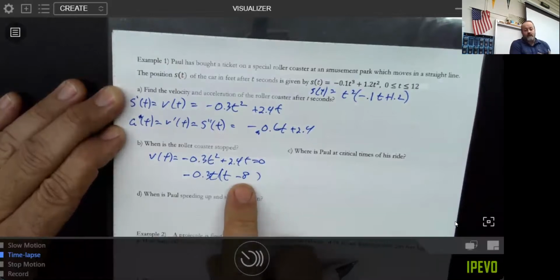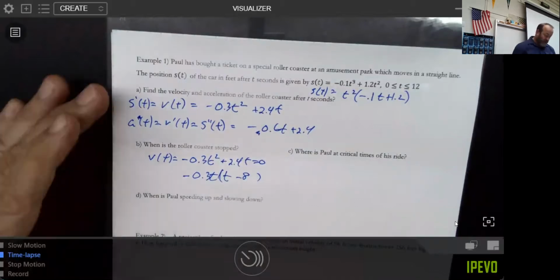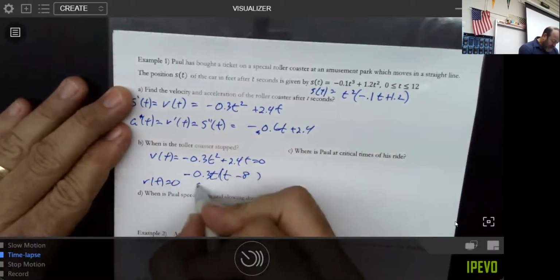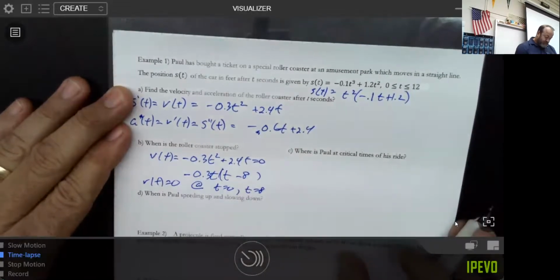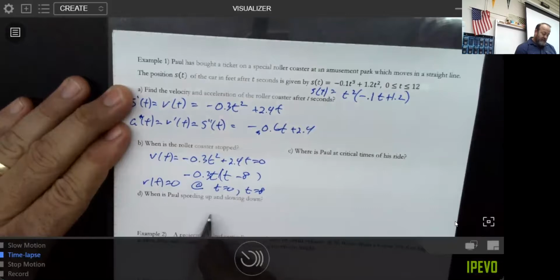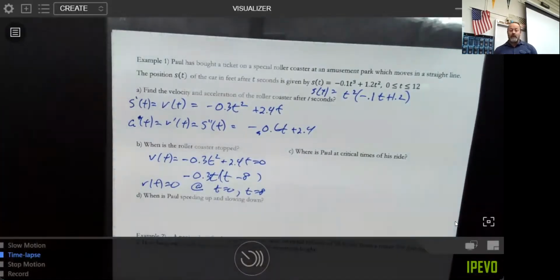That actually makes sense on a roller coaster, that at time 0 you weren't moving yet. Otherwise, people would get a little bit hurt. So v of t equals 0 at t equals 0 and t equals 8. Now we have a second little piece that asks about critical times. The critical time is when the derivative is equal to 0 or undefined.